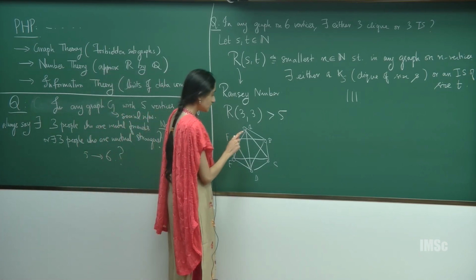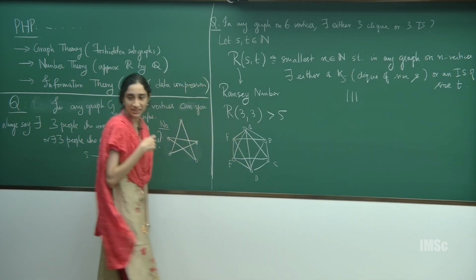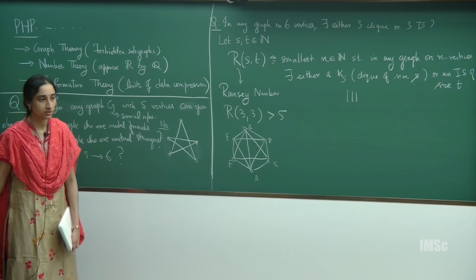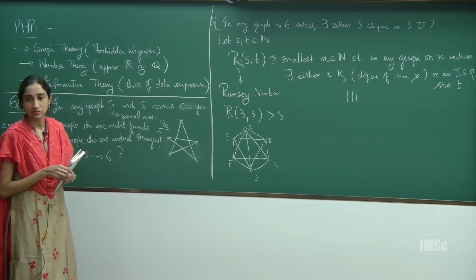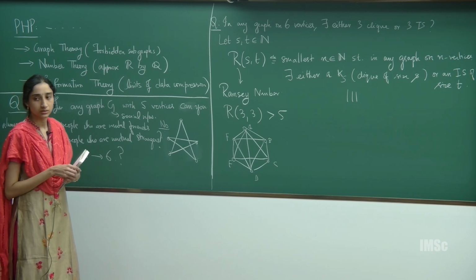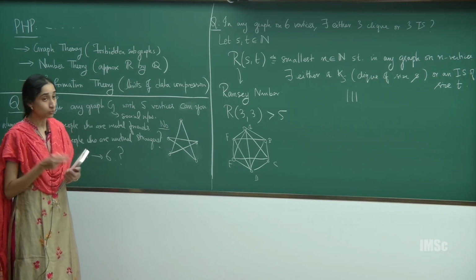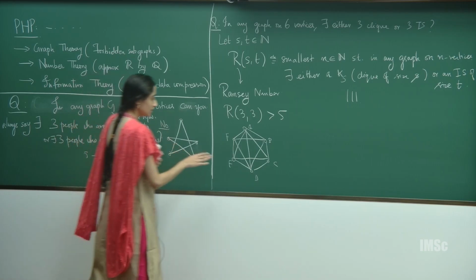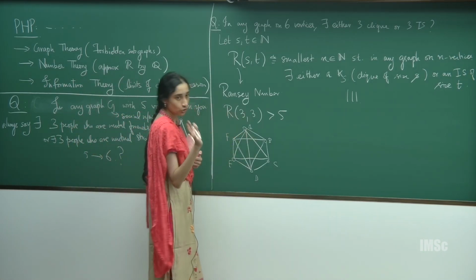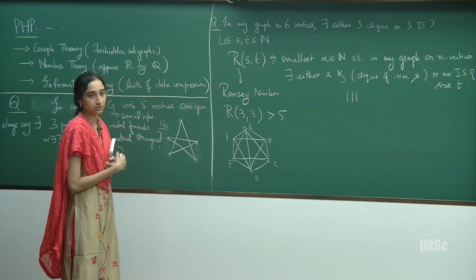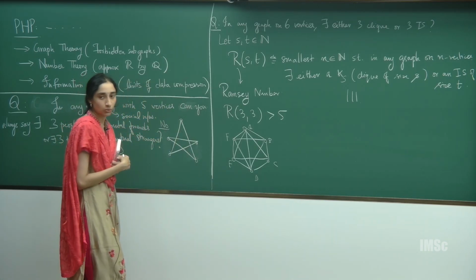So what you can do is, can you use colors to identify who are friends and who are not friends? If so, how many colors do you need? And what are you coloring? There are 6 people here, and each pair can either be friends or not be friends. What can you do?